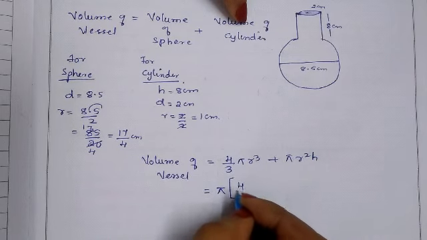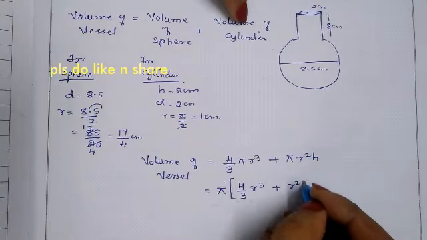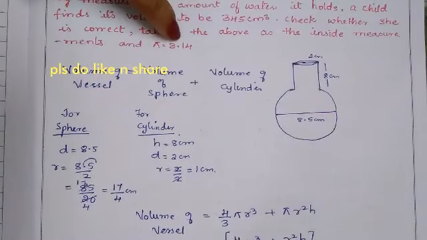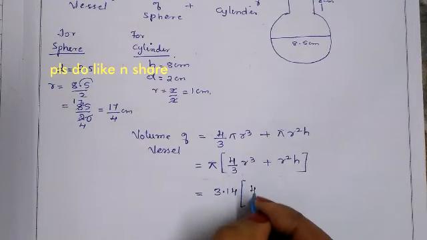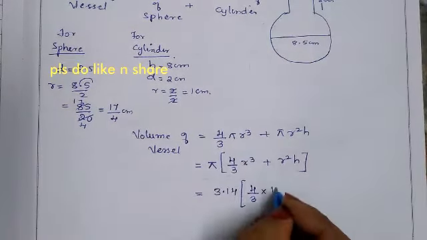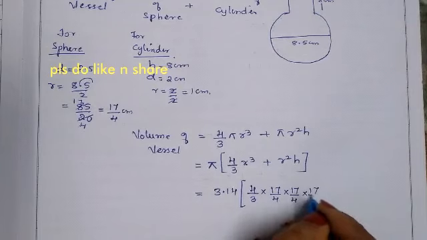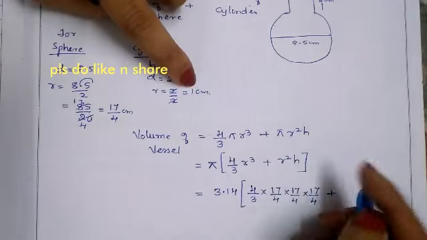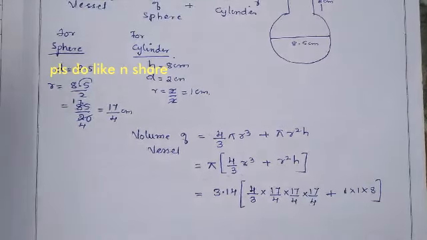Pi value in the question they have told us to take 3.14. So 3.14 into 4 by 3, radius of sphere is 17 by 4, 17 by 4 into 17 by 4 into 17 by 4 for r cube, plus r square. Cylinder radius is 1, so 1 into 1, h is 8.